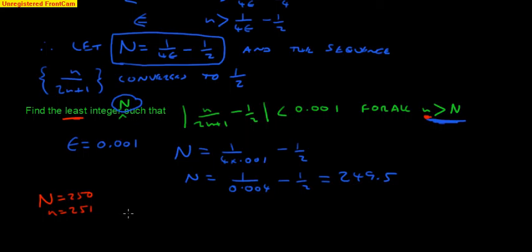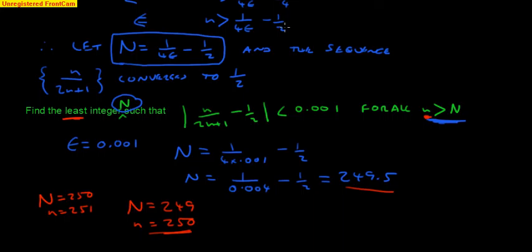So if I choose capital N equal to, we've got 249.5 here, if I choose it to be 249, then little n, which must be bigger than that, could be equal to 250. And that will be the least it can be. Because if little n was equal to something else, it wouldn't be satisfying that little n must be bigger than that.